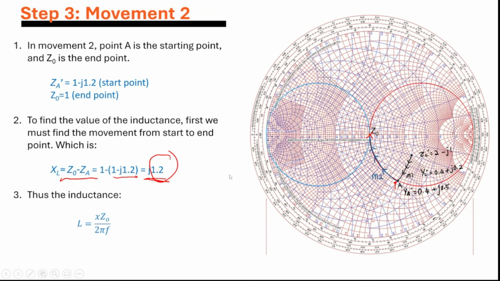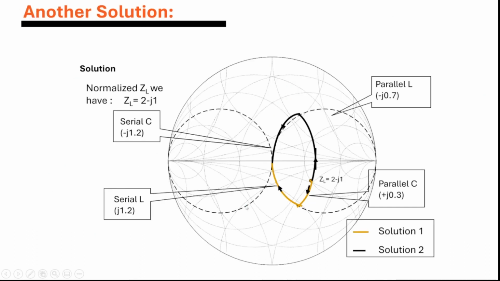So L equals X Z0 divided by 2 pi F. We replace X with 1.2, and in the end we get L as 38.8 nanohenry. So that is the inductance for our matching circuit. Now we have completed our calculation.